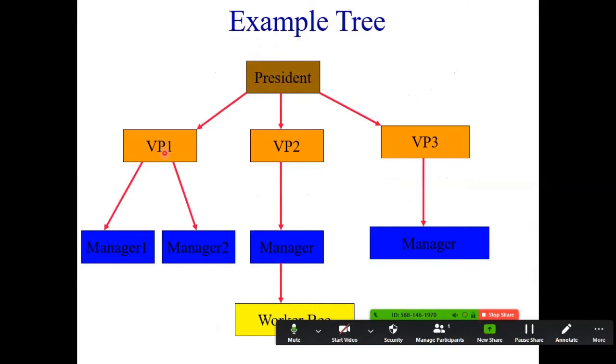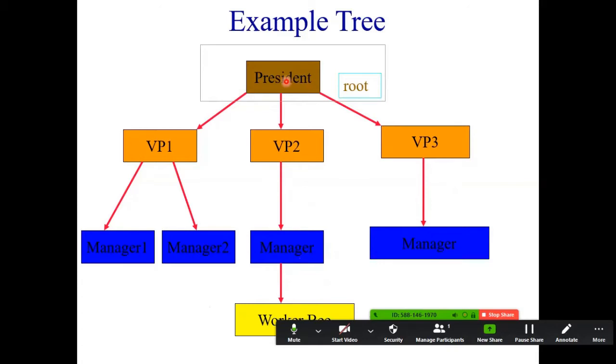He holds three vice presidents, VP1, VP2, and VP3. Each vice president has managers: VP1 has two managers, VP2 has one manager, and VP3 has one more manager. At the manager end, you have some workers. This is how we can represent the tree for the employees of the corporation.